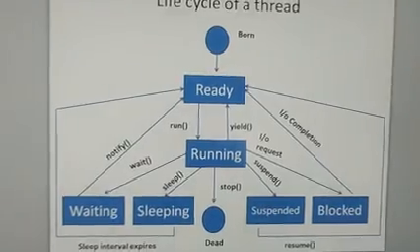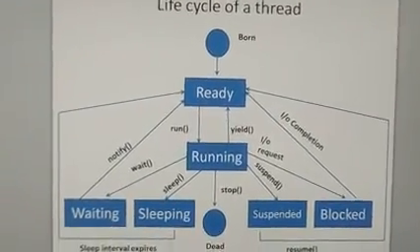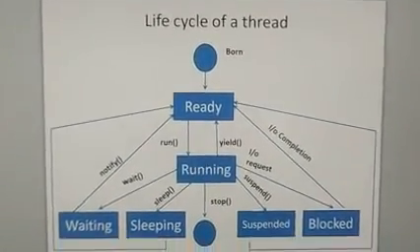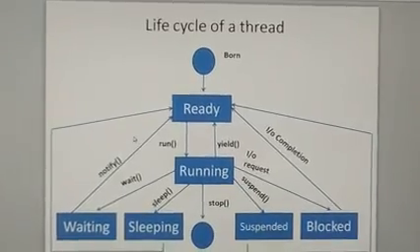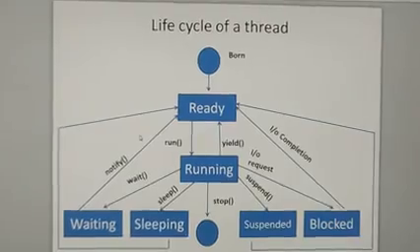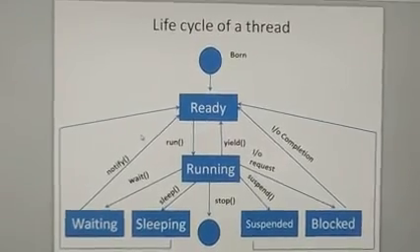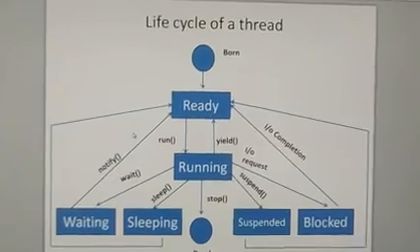Another important part is the life cycle of a thread. What do we mean by the life cycle of a thread? It consists of the steps given below. First it is born, then it is ready, then it starts running, and it may be dead.